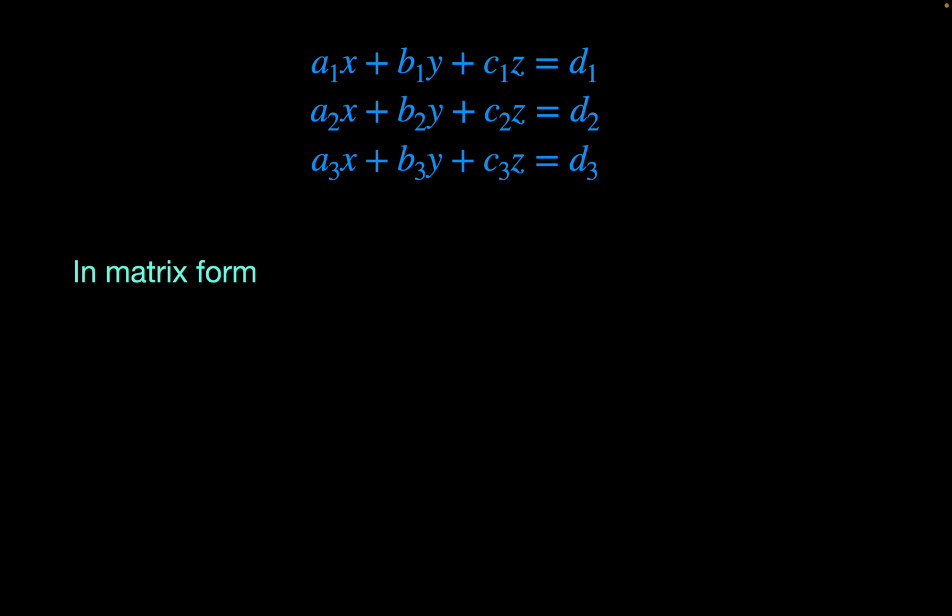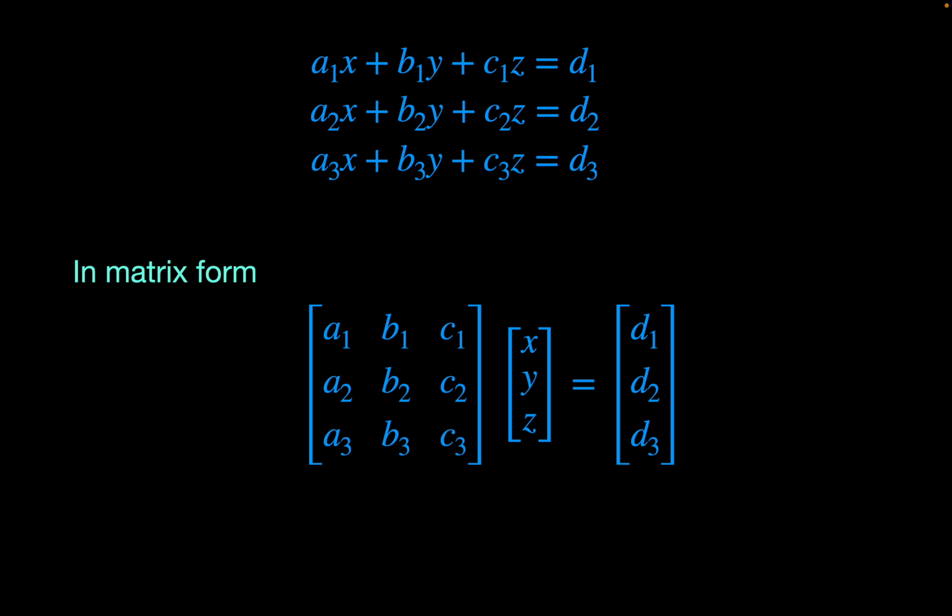In matrix form, these equations can be written as a 3 by 3 square matrix having terms in first row a1 b1 c1, in second row a2 b2 c2, in third row a3 b3 c3, multiplied by a column matrix with terms x y z, equals a column matrix having terms d1 d2 d3.